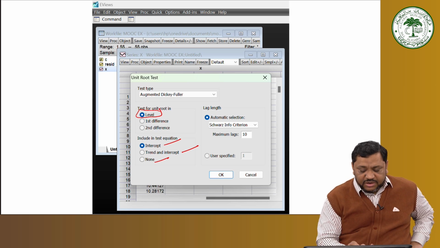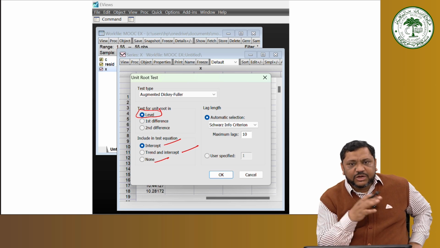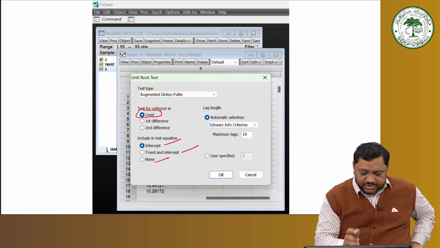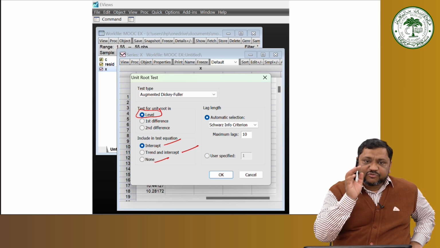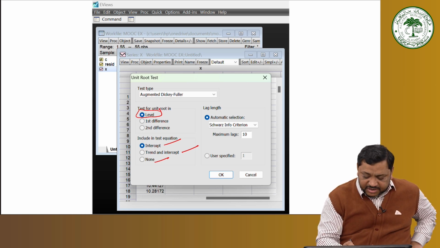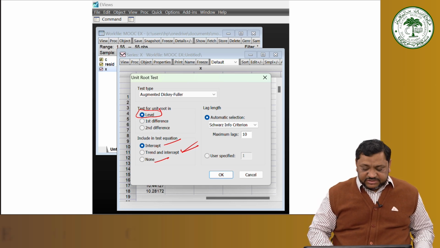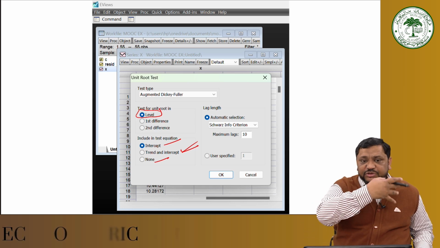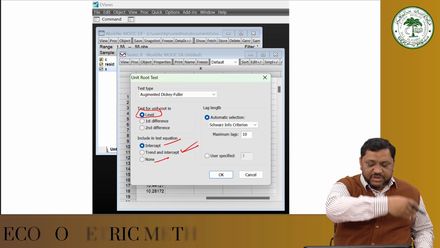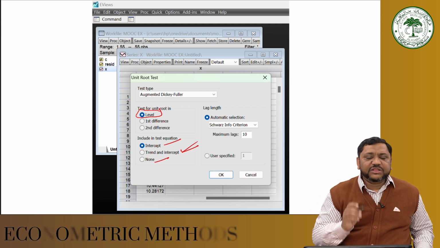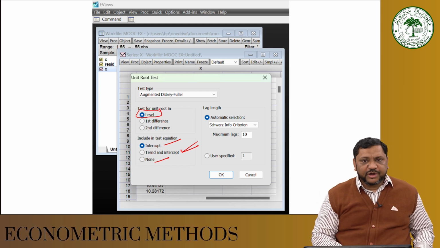None means there is no trend and no intercept. Intercept means there is only a drift parameter, and the middle one is both, trend and intercept. These are the three equations we have just seen, and all three are incorporated over here.